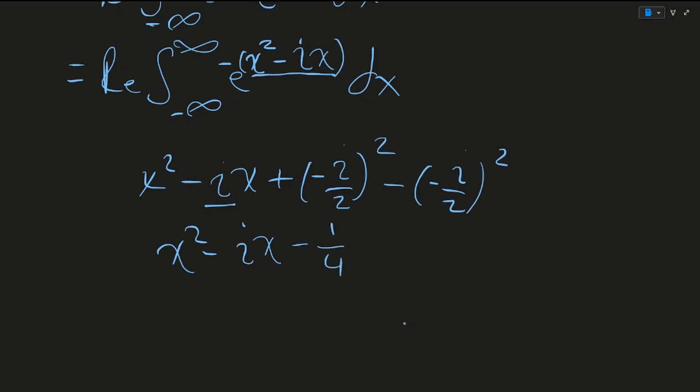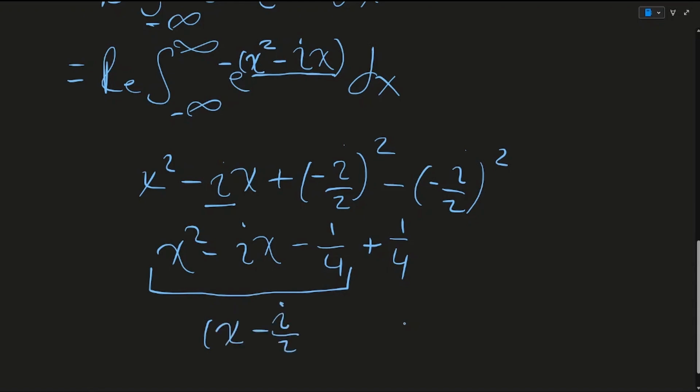And then since this one gives you the same thing but you're subtracting, this actually gives us positive 1/4. And so now we have a perfect square. And that leaves us with the expression x minus i over 2, the same i over 2 from here, squared plus 1/4.